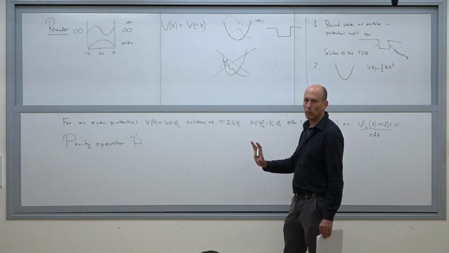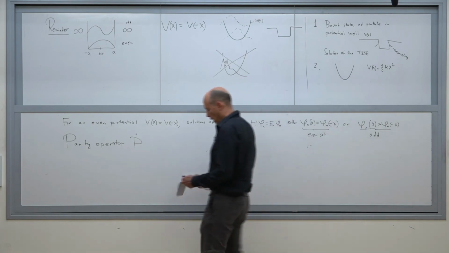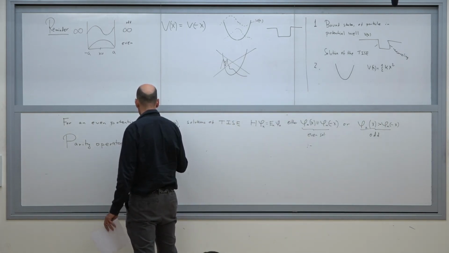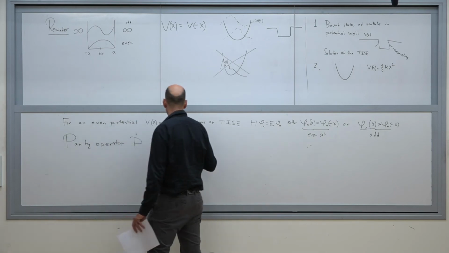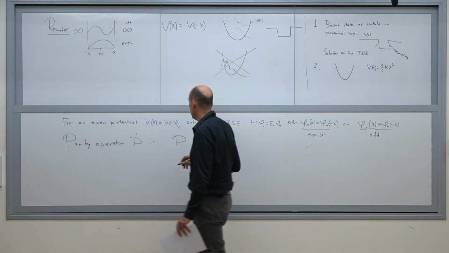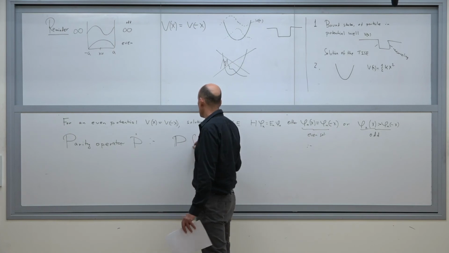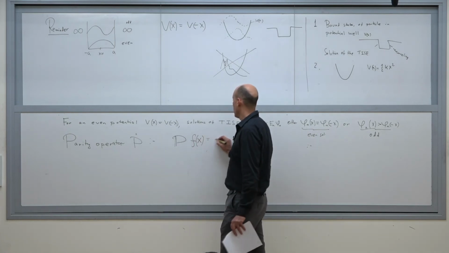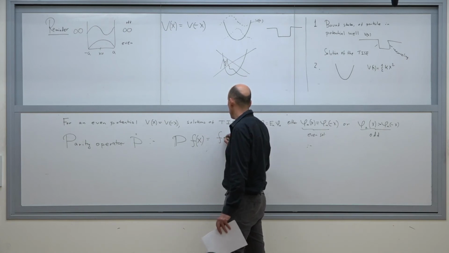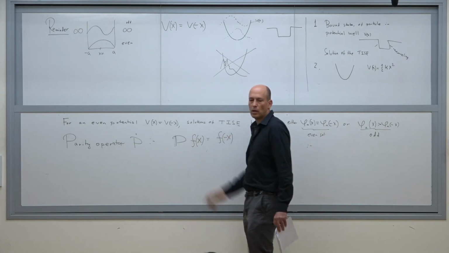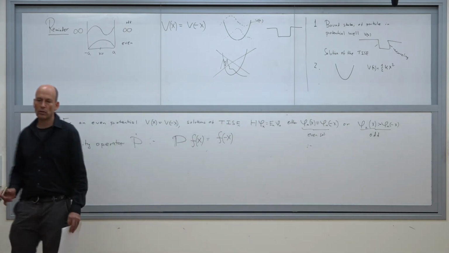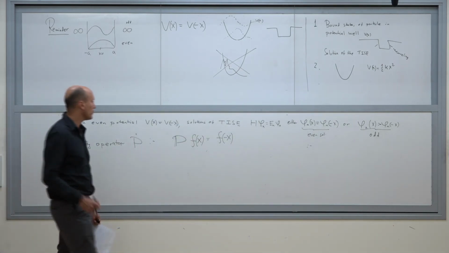This has nothing to do with momentum, big P. And the definition is that if you have P, it's an operator, and it acts on some function f of x, what does it do? It takes x to minus x. So this is an operator that acts on functions. It takes x to minus x.